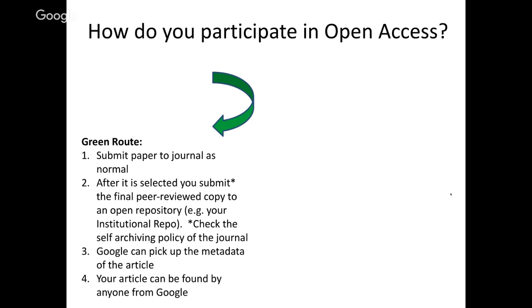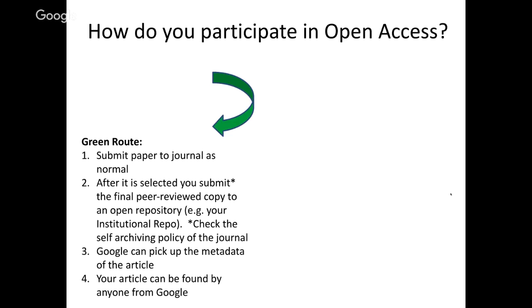Now, what is this final peer-reviewed copy? It is also known as the accepted version. It is the final copy that you have after your exchange with the journal publisher. Before you submit to the institutional repository, you need to check the self-archiving policy of the journal. If you're not sure of this, you should always check with the librarian at your institution.